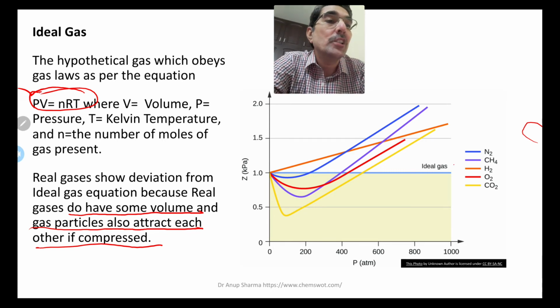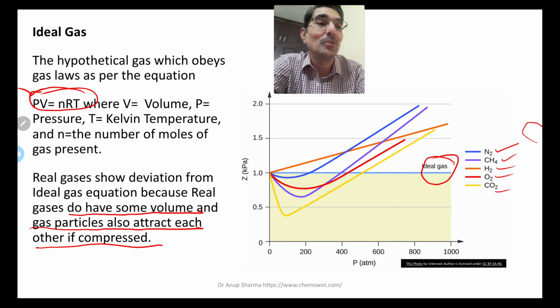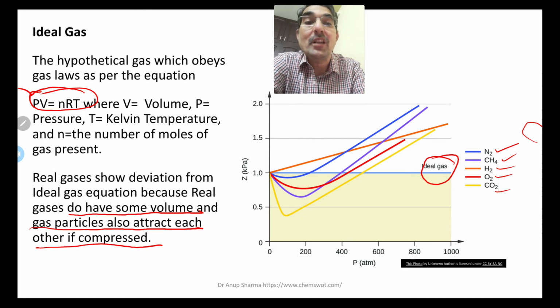So you can see this is the ideal gas, the parallel line here, and for all other gases you see there is no gas which is parallel or close to the ideal gas. All these gases are depicted: nitrogen, methane, hydrogen, oxygen, CO2. So there is no ideal gas among these real gases. And why are they not matching the ideal gas in this graph? Because real gases have some volume and gas particles also attract each other if compressed, which is not the assumption used for an ideal gas.